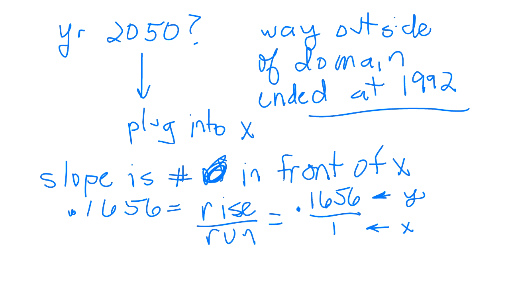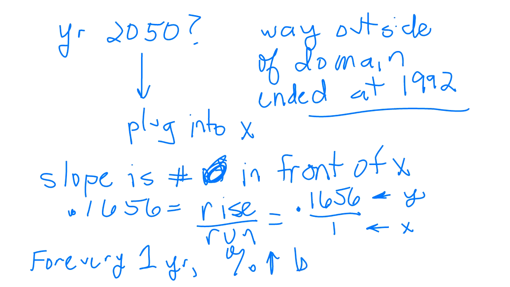So x was years. So this means for every 1 year, the percent increases by 0.1656. Now, if that was a negative number, then the percent or whatever that represented would decrease by that amount.